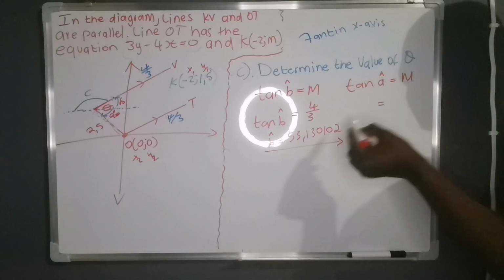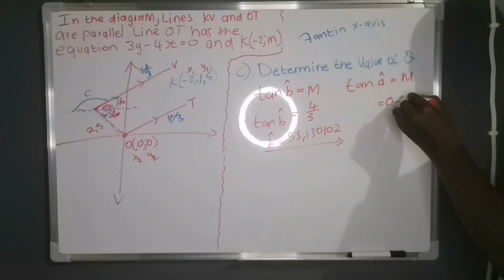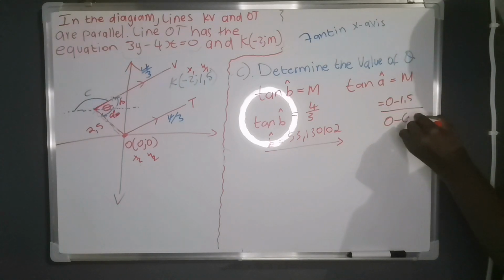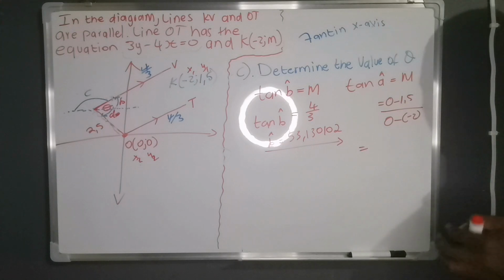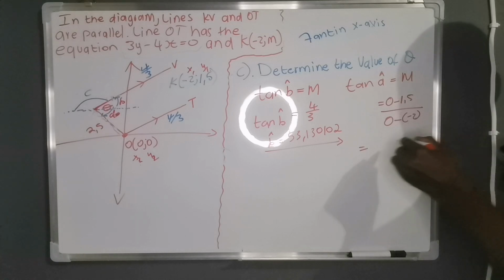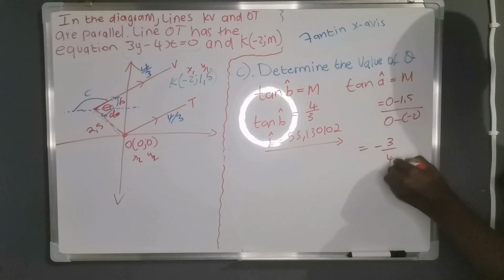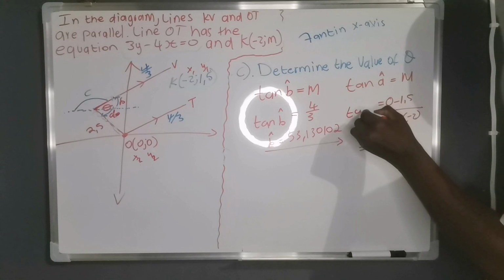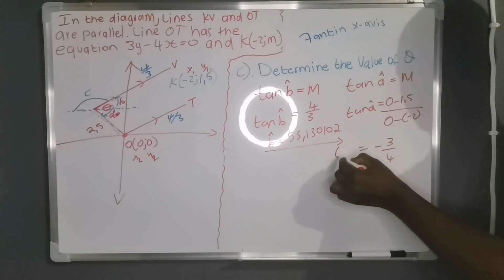So gradient is 0 minus 1,5 divided by 0 minus -2. Then our answer is going to be 0 minus 1,5 divided by 2, and it's -3/4. Then it's tan A.